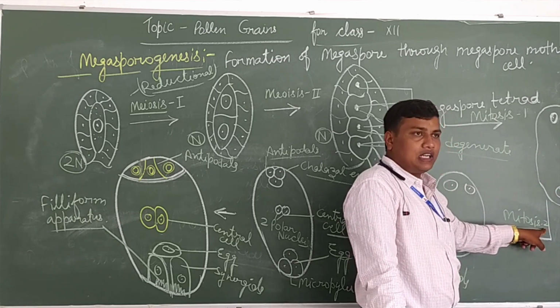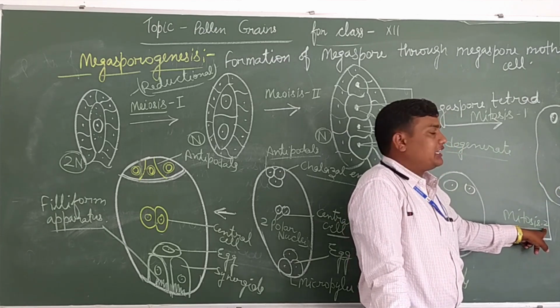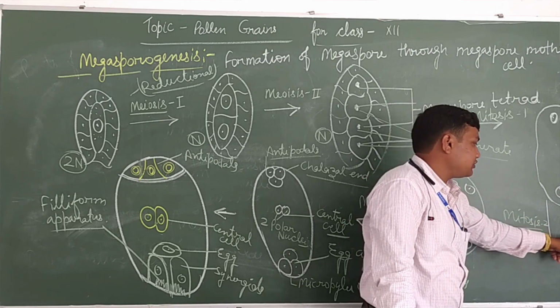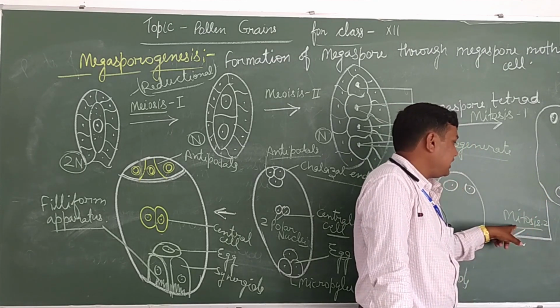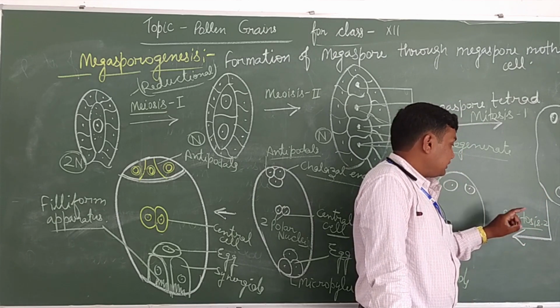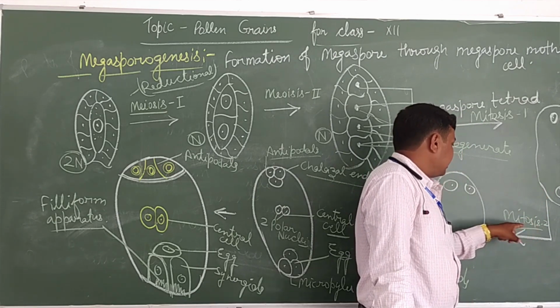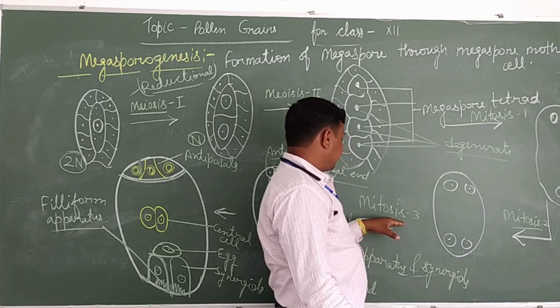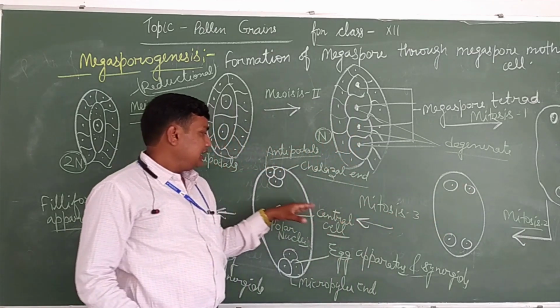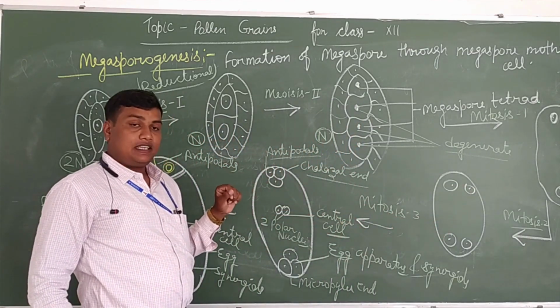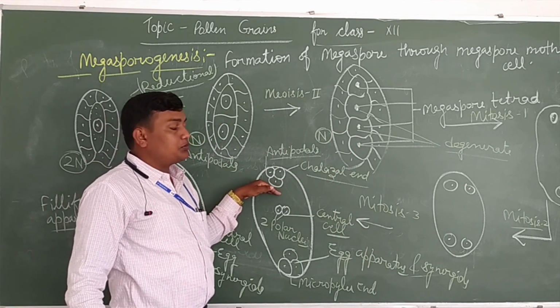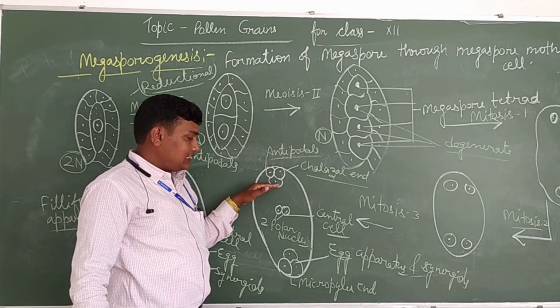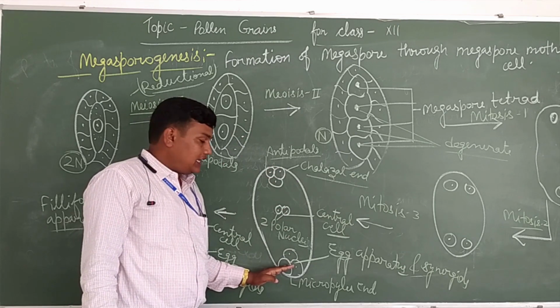Mitosis again: 2 cells become 4 cells, then a third mitosis gives 8 cells. 3 cells move toward the chalazal end, and 3 cells move toward the micropylar end.